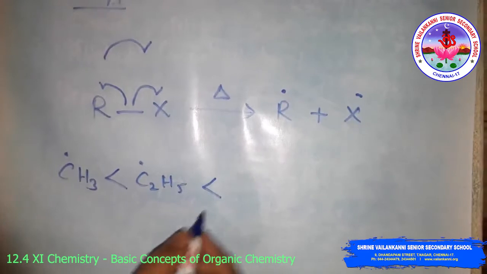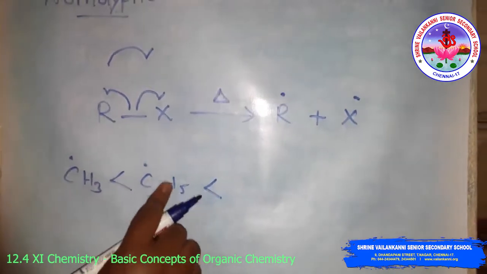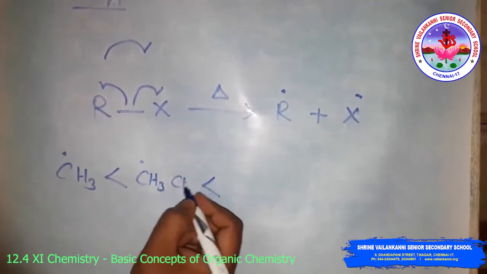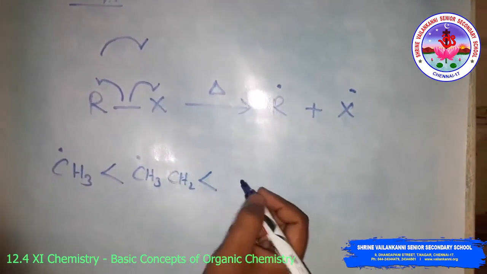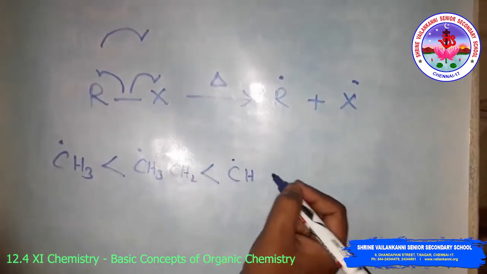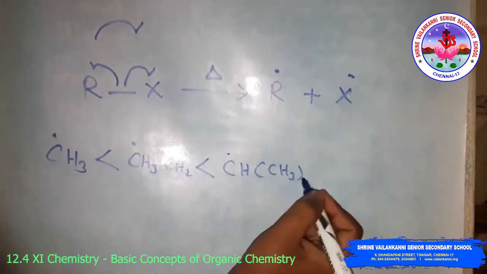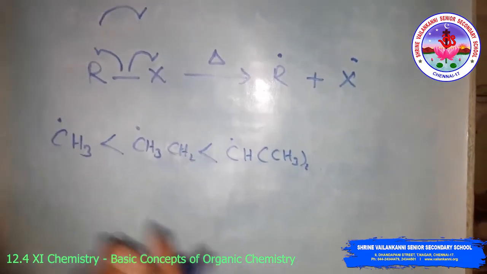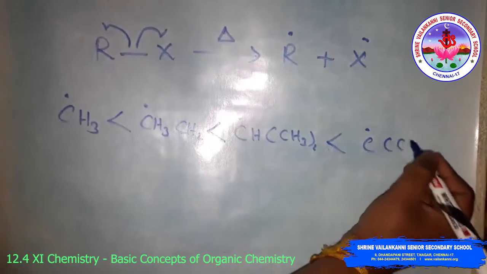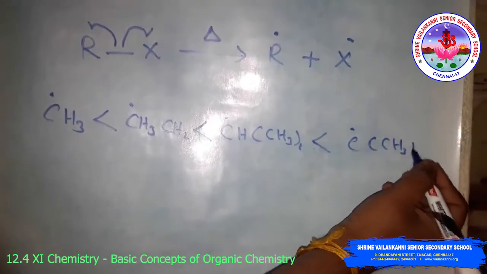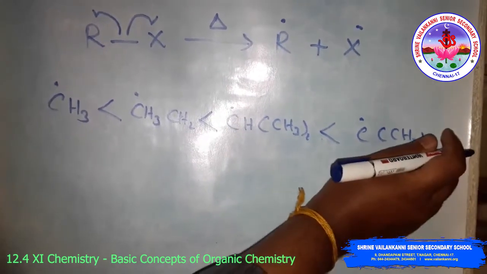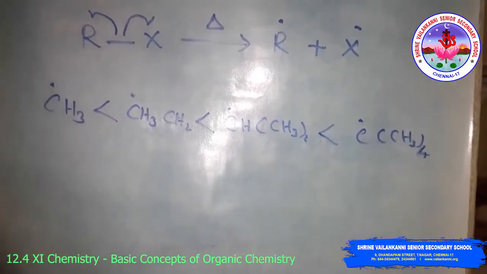We have to write like this, CH3CH2, then isopropyl radical, then tertiary butyl free radical.